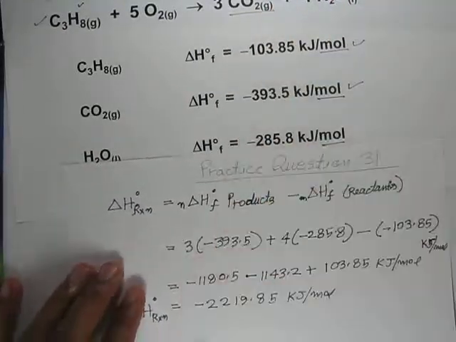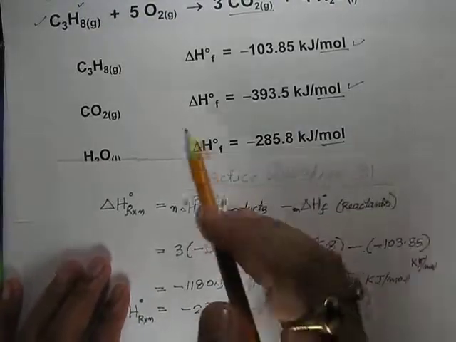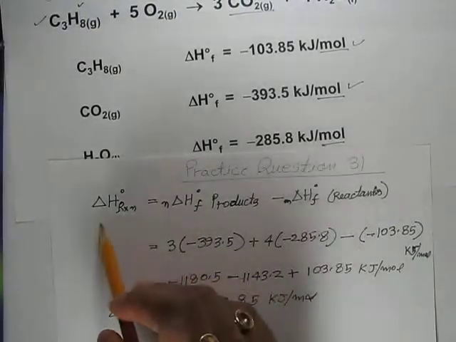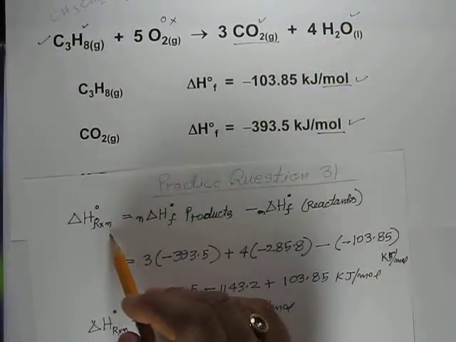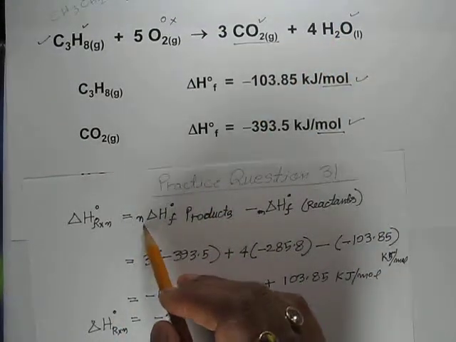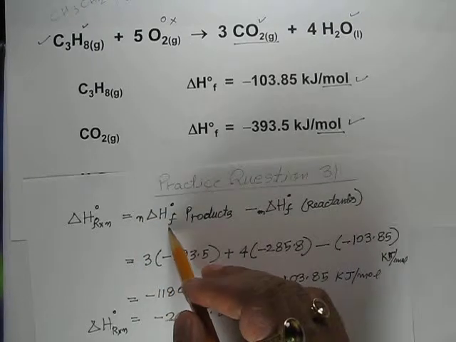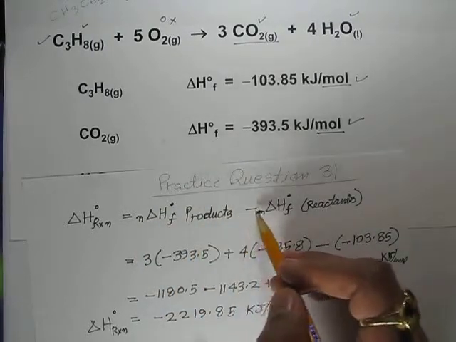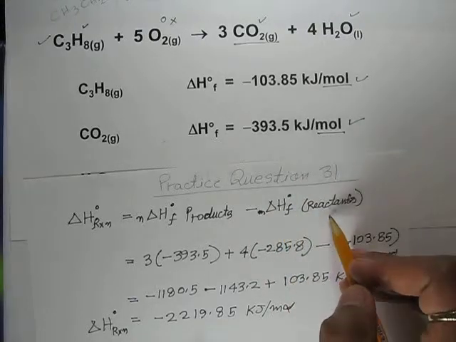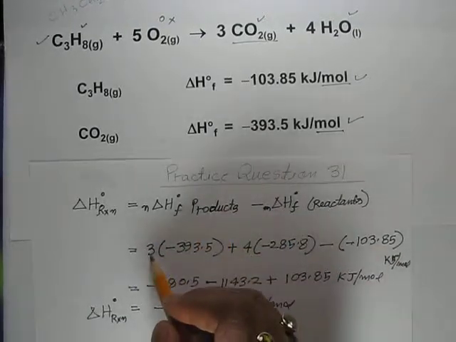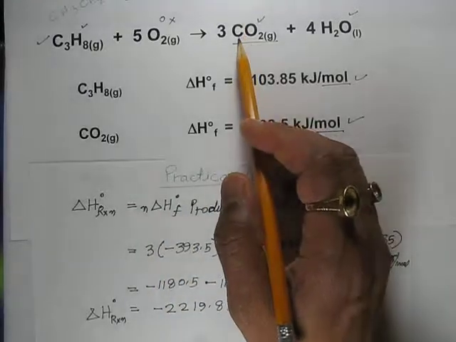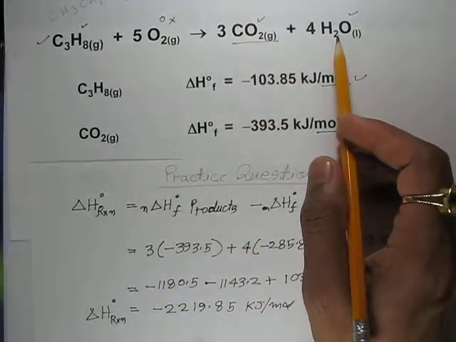So you can see, first we have to remember the formula, that the enthalpy change of reaction is small n, number of moles, times enthalpy of formation of products minus small m times enthalpy of formation of reactants. Here, first we write down the products. There are two products, carbon dioxide gas and water.